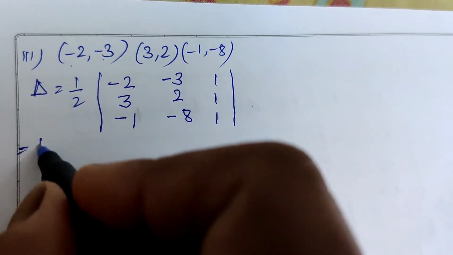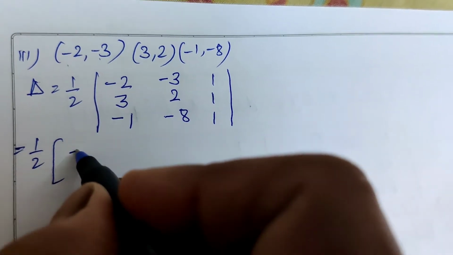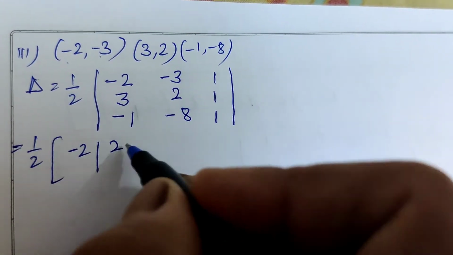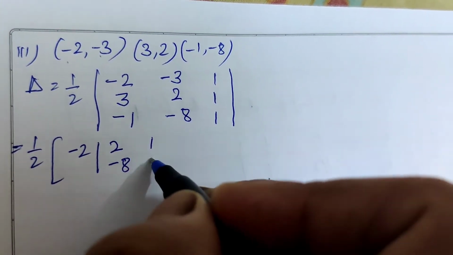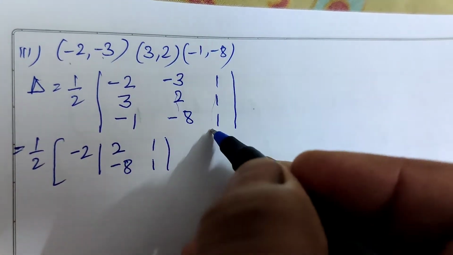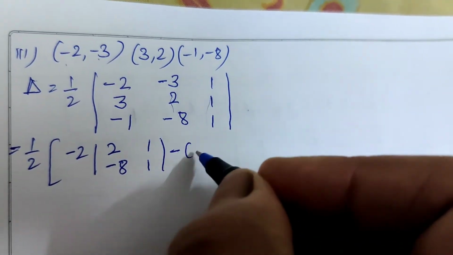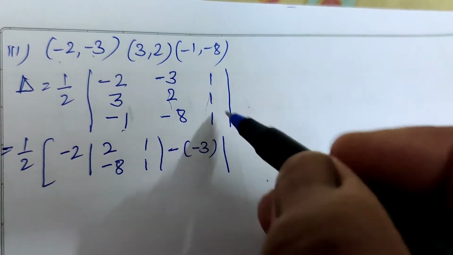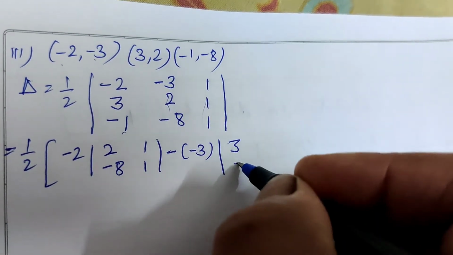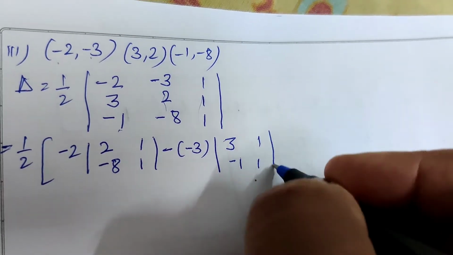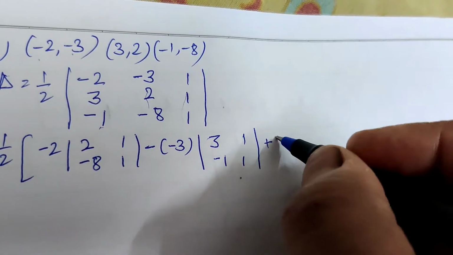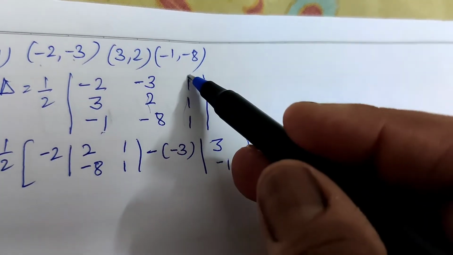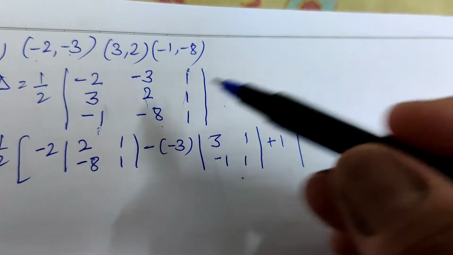Now solve 1 by 2. Minus 2 times the determinant 2, 1, minus 8, 1. And minus 3 times the determinant 3, 1, minus 1, 1. And the third is 1 times the determinant 3, 2, minus 1, minus 8.